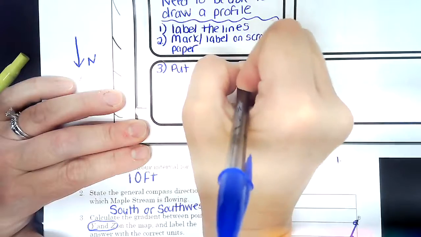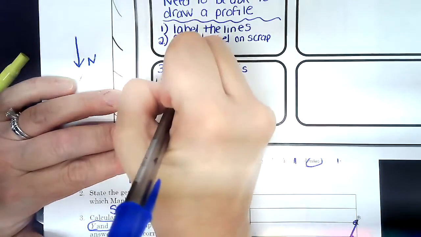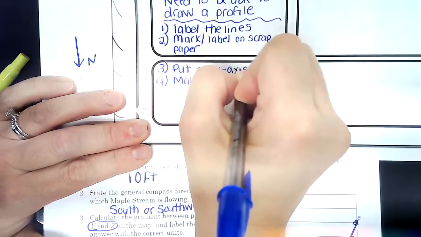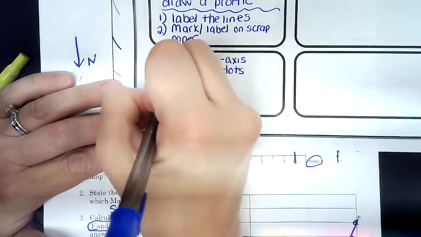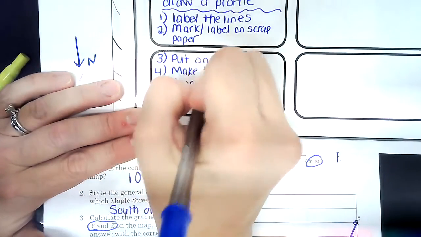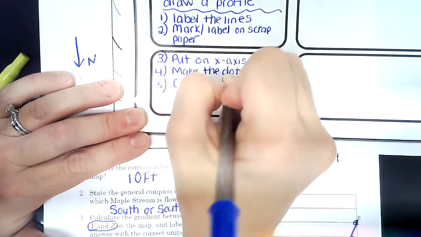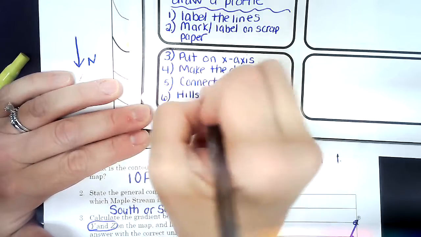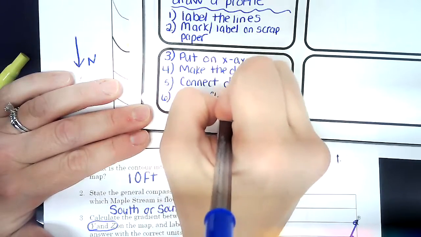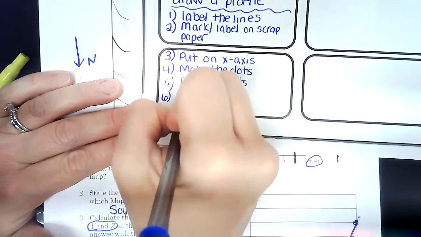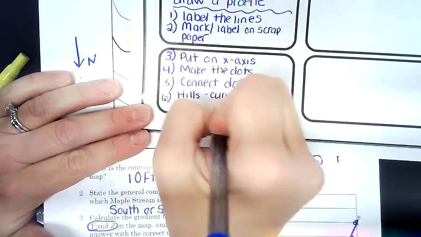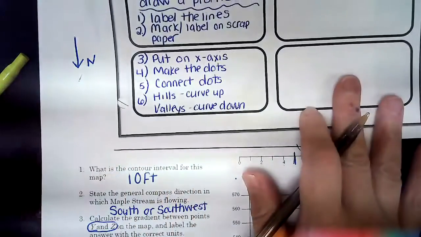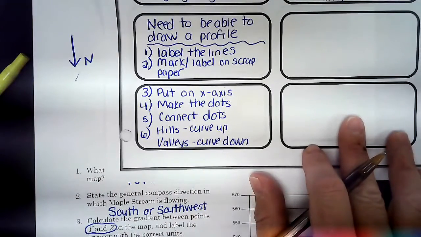Put on x-axis, and step 4, make the dots. 5, connect them. 6, remember hills curve up. Valleys curve down. You need to be able to correctly draw a profile.